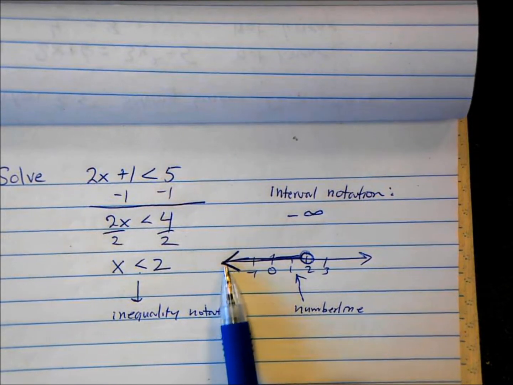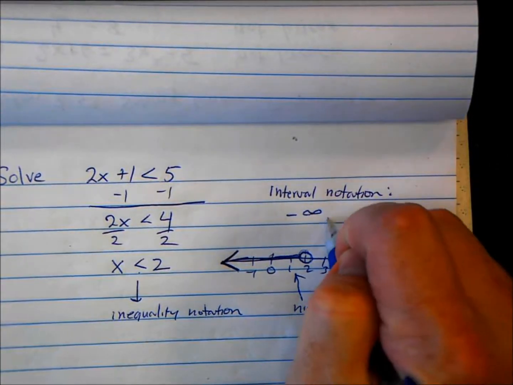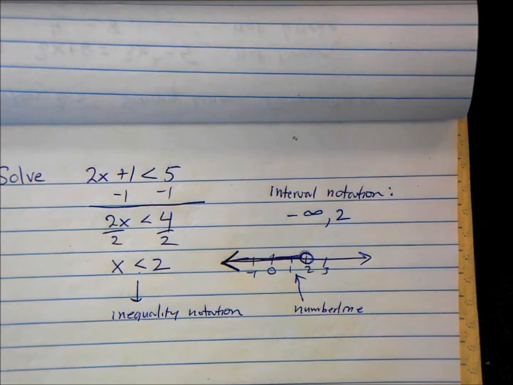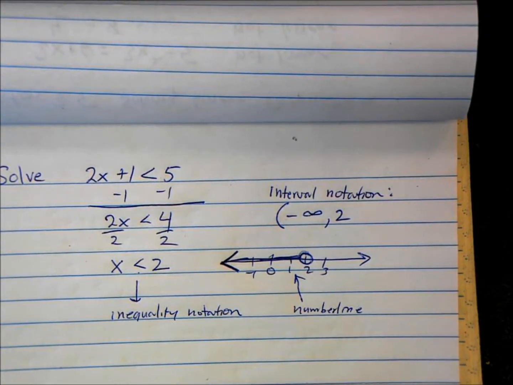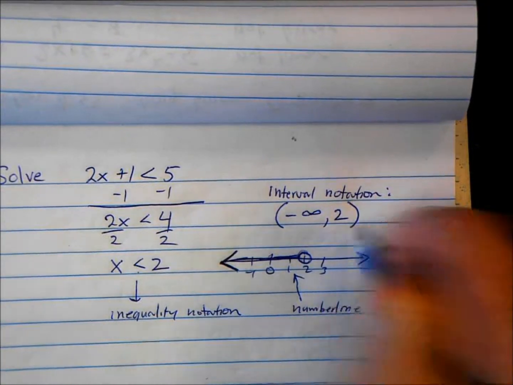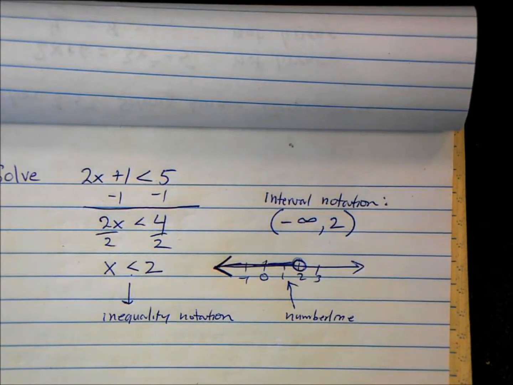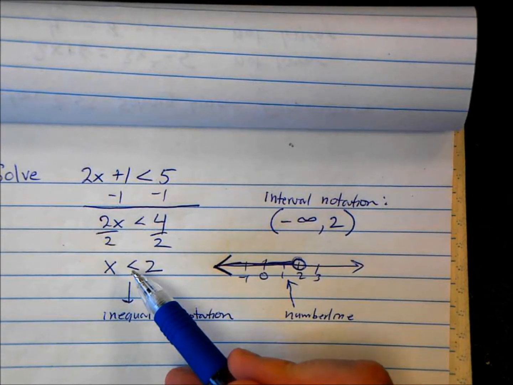How far to the right does this answer go? Positive 2. Positive infinity or negative infinity always gets a parenthesis. Always gets a round bracket. And in this case, the 2 will also get a round bracket. The round bracket indicates that you just have a less than symbol or a greater than symbol.